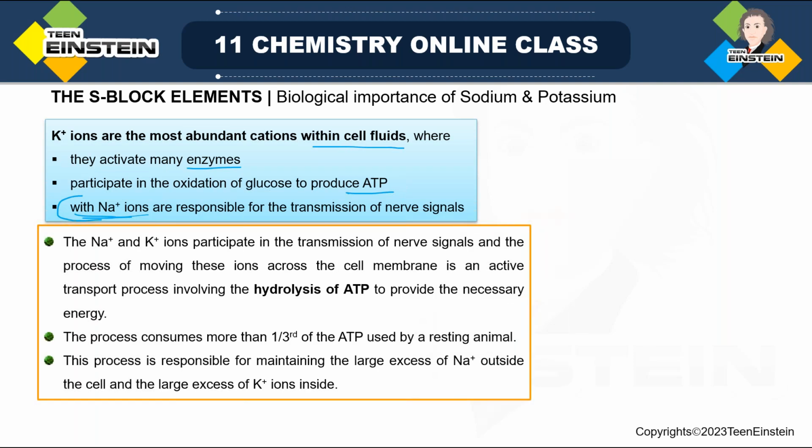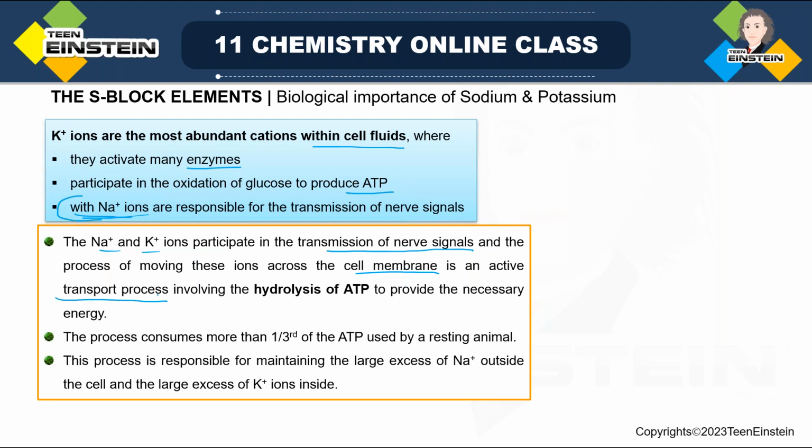Though the details of the sodium potassium pump are not mentioned in the 11th standard syllabus, we'll just have a primary idea. Na+ and K+ ions participate in the transmission of nerve signals. So this statement we have already seen. What it actually means is the process of moving these ions across the cell membrane. Now for this process, there is some requirement of energy because it is an active transport process.